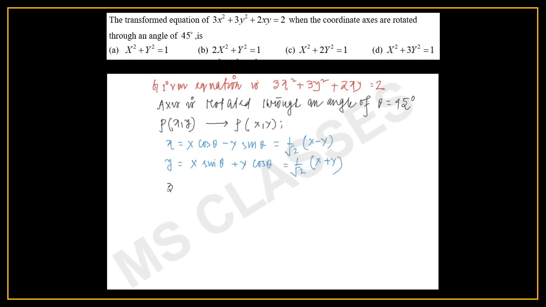So here we have 3x square plus 3y square plus twice xy equal to 2.